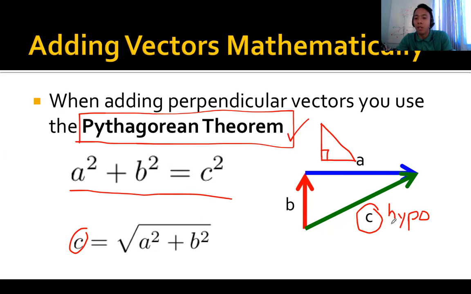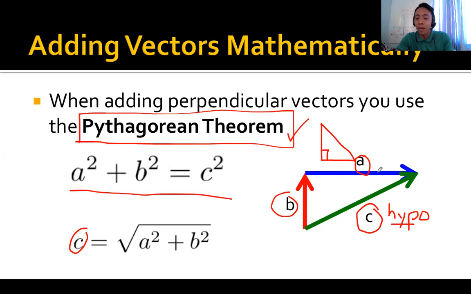Hypotenuse. And the other two sides, we can switch their names based on the given angle. So we can say A as the adjacent and B as the opposite, or A will be the opposite and B will be the adjacent.